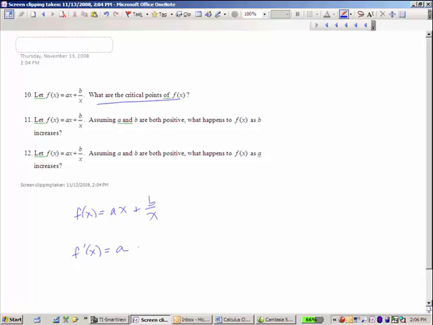Now, I thought I had a room full of qualified differentiators. You could do the quotient rule, or can't you do that? Okay, or you could use the quotient rule, I don't care which, but what do we end up with? Negative b x to the negative 2. All right, so negative bx to the negative 2. I'm going to write it like this. Is that okay? Yeah, sure.